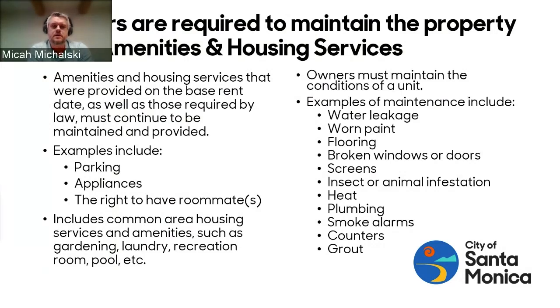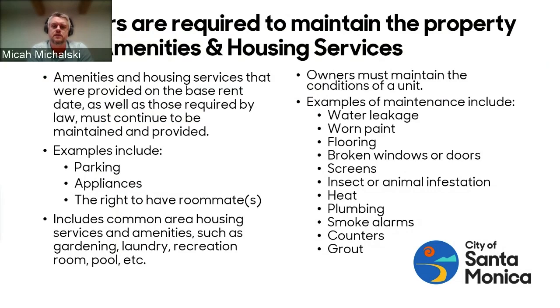But the base amenities also include things such as common areas, gardening, laundry, that on-site laundry room. It could be laundry in the unit. That would be a base amenity. If there's a recreation room when you moved in, if it had a nice gym or if it had a pool, things like that, those are things that could be base amenities.